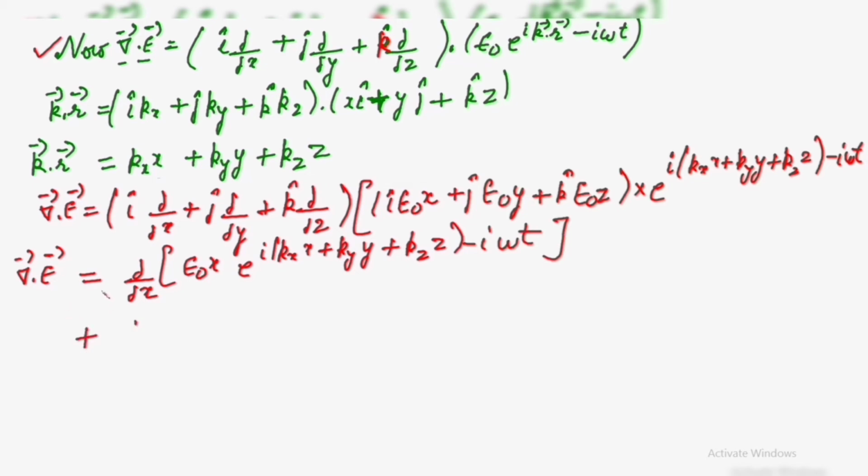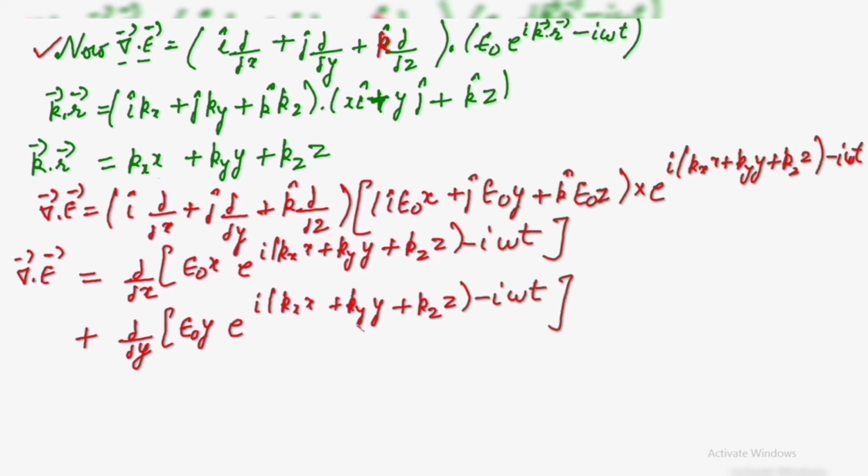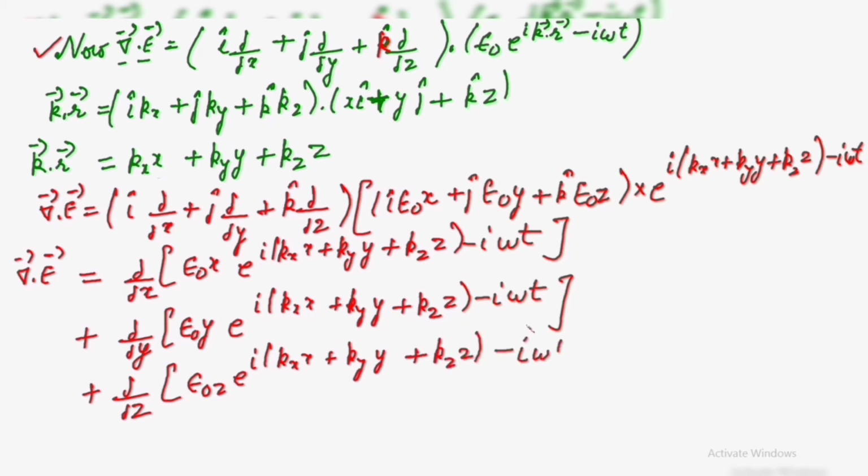Same for the y axis, del upon del y, E naught y exponential i kx x plus ky y plus kz z minus i omega t, plus for z, del upon del z, E naught z exponential i kx x plus ky y plus kz z minus i omega t.